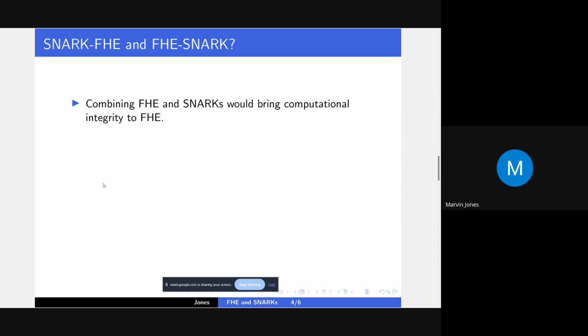So for the purposes of blockchains, let's imagine that we have encrypted data, say a UTXO, and we want to do a particular transaction via the smart contract, but we send it to a node, but we don't trust the node, and we want to guarantee that they do the prescribed computation.